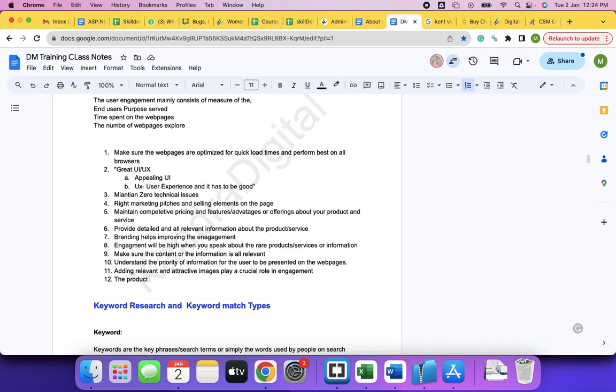Okay. So we'll be understanding how to build a website. My point was, you said adding relevant and attractive images. When you have watermarks, how do you get the pictures?